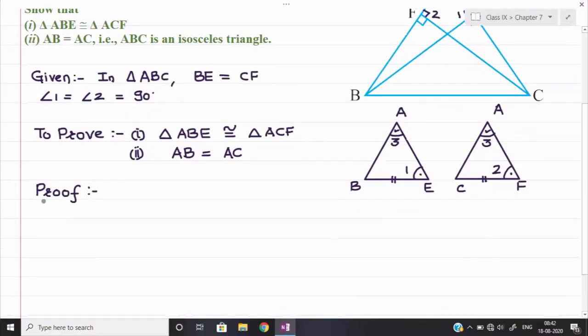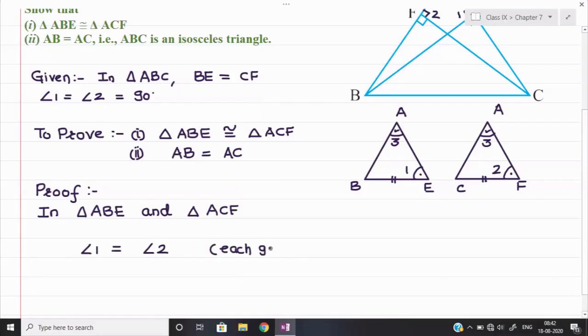So first I will write down in the proof, in triangle ABE and triangle ACF. Okay, in these two triangles, first of all, we shall write angle 1 is equal to angle 2, that is with the help of each 90 degrees, or I can say given also.